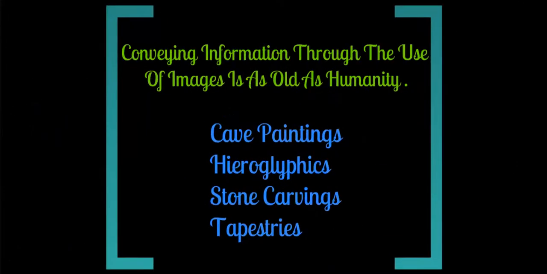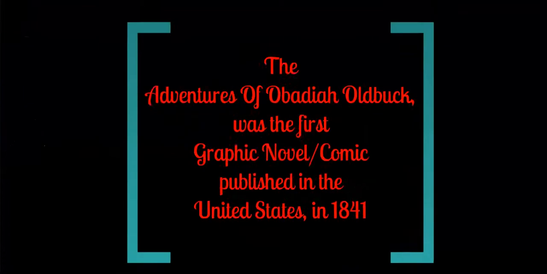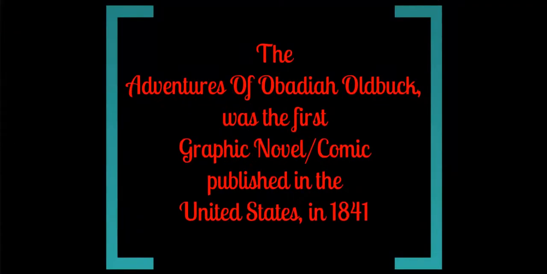Let's talk a little bit about the history of graphic novels. In the past, the first graphic novel was actually when you're looking at cave paintings, hieroglyphics, stone carvings, tapestries, meaning that took place in the form of pictures. The first actual published graphic novel came in 1841 in the United States.